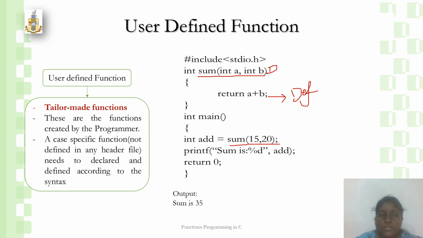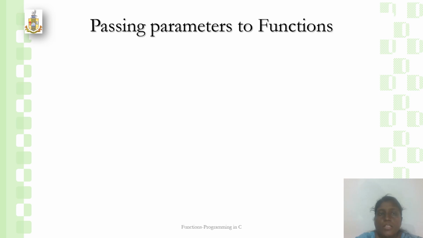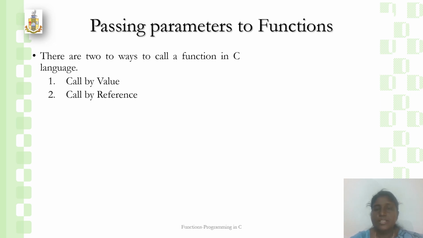Then we are moving on to the next topic, passing parameters to functions. In the previous example, we declared the function with variables and called the function with numbers.